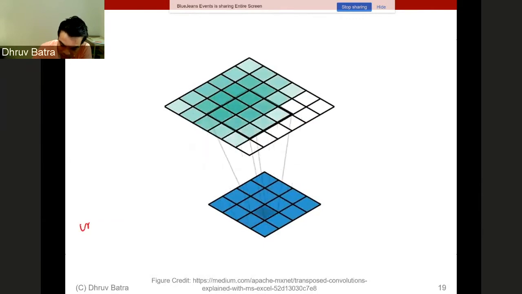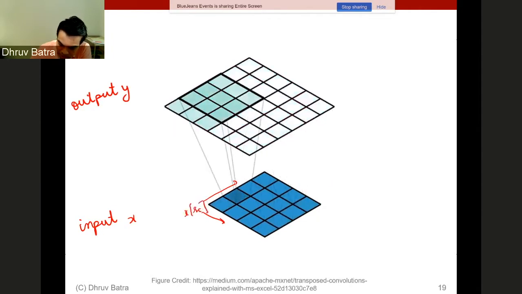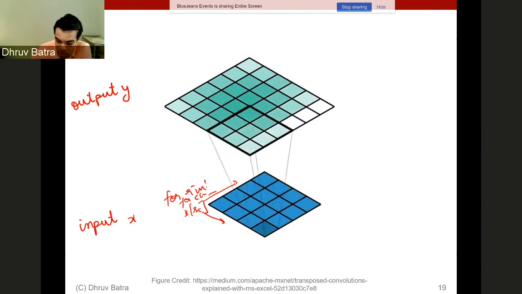So this is the input, X. This is the output, Y. We are enumerating over all X[r, c] values. So for r in the whole range, for c in the whole range, we're enumerating all input values as opposed to enumerating over all output values, which is what we usually do in convolutions.